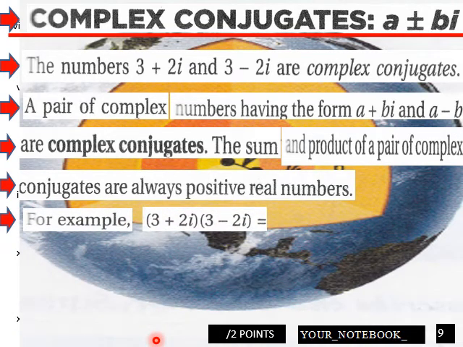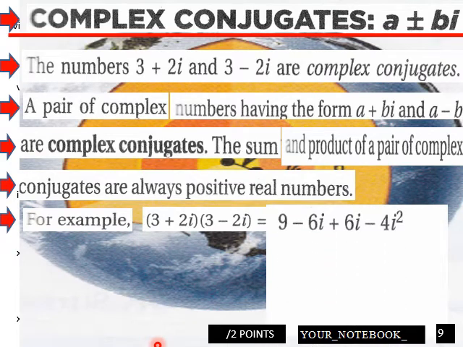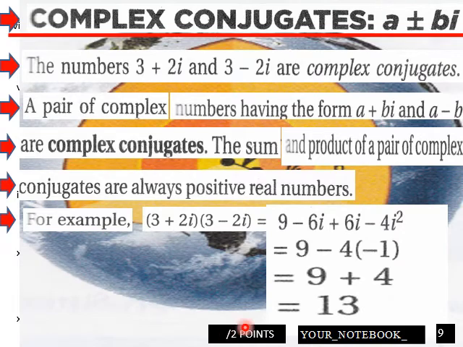For example, 3 plus 2i times 3 minus 2i equals 9 minus 6i plus 6i minus 4i squared. This equals 9 minus 4 times negative 1, which is 9 plus 4, equals 13.